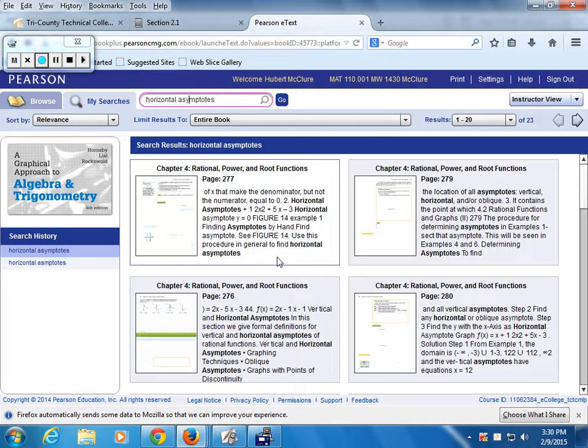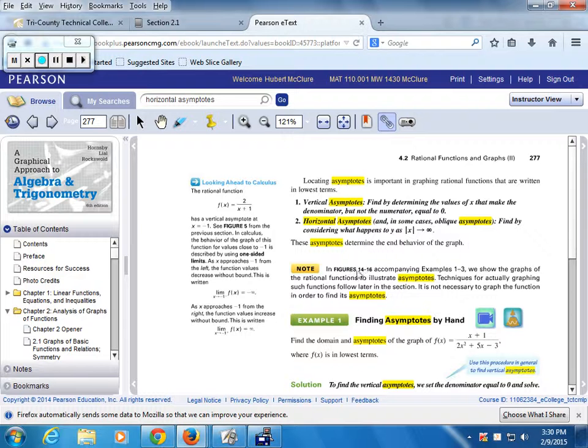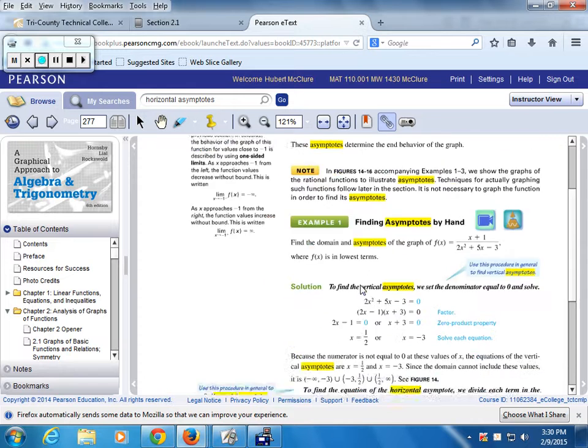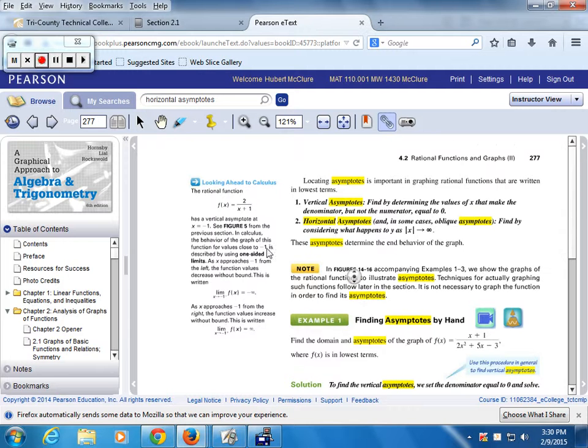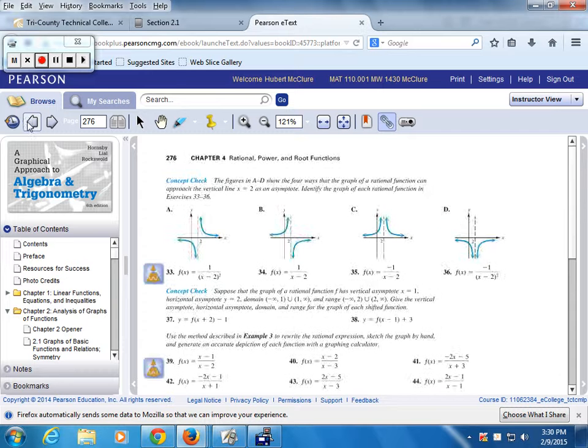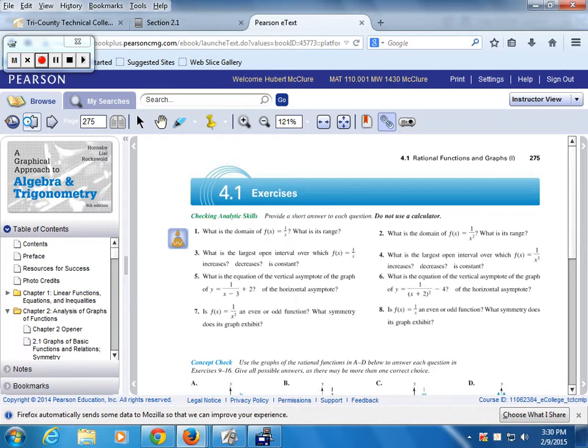Okay, it's chapter 4, probably. That's not the page I'm looking for, but it's in chapter 4. We don't have to worry about it, but I would like to find it so you'd have it. So just bear with me.